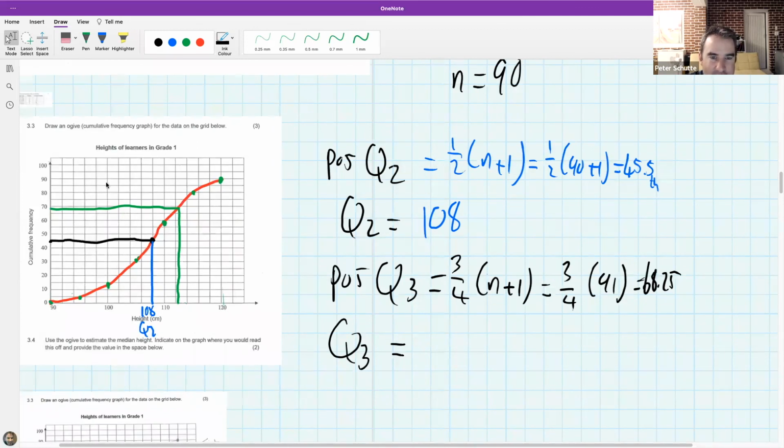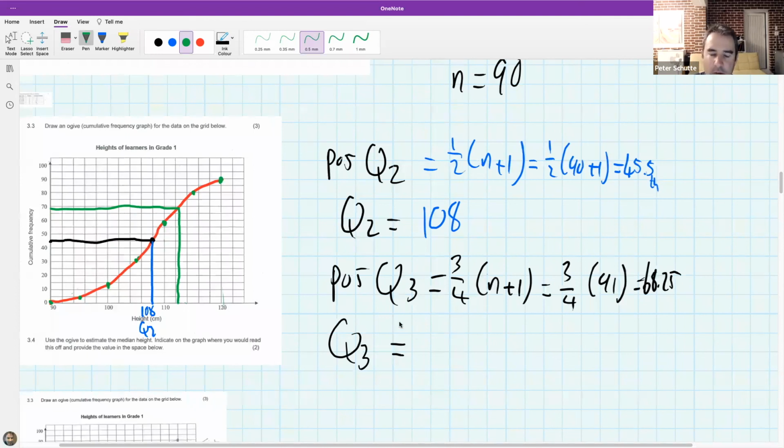Basically, we're counting up to 90 in data items, so halfway would be around 45. The 120 is the upper limit of the height. And so when we calculate position, we're only looking at the frequency count. So I hope that helps. It's basically the column with cumulative frequency.